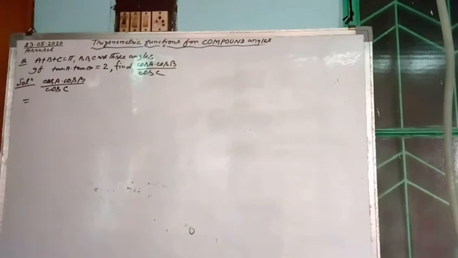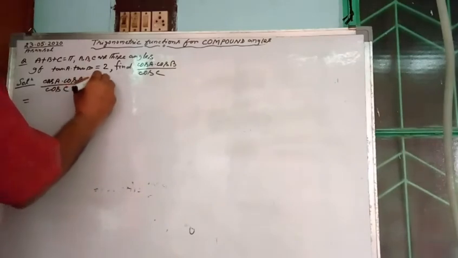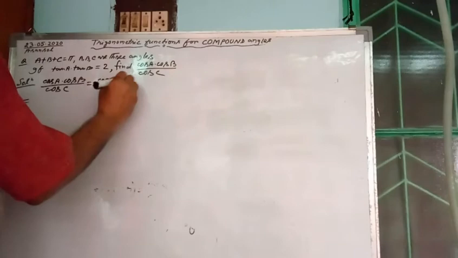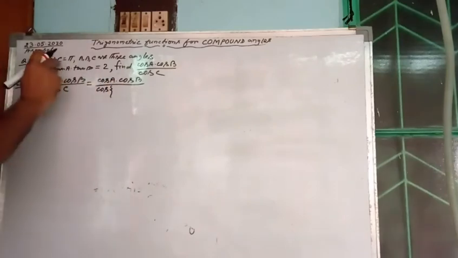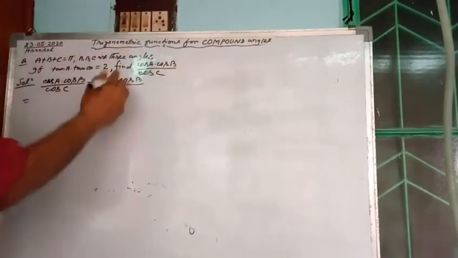So cos A cos B by cos C can be written as cos A cos B over cos of C. What is C? From here C equal to pi minus (A plus B), since A plus B goes to that side.